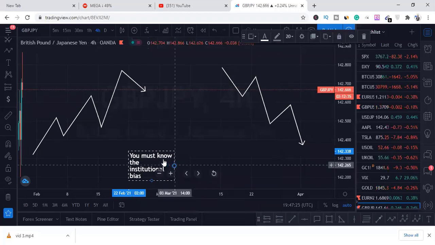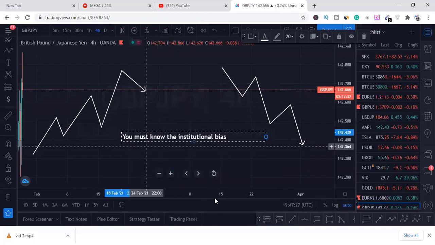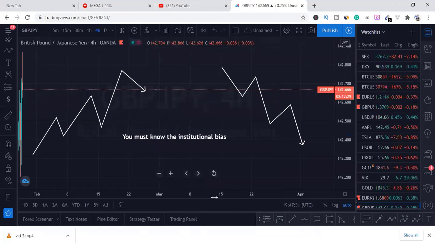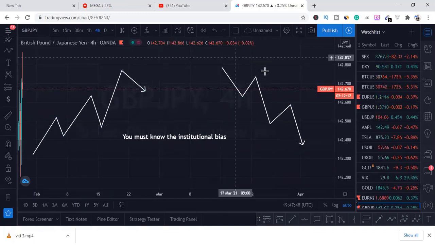You need to understand the institutional bias if you must be on the safer side whenever you are trading. It's not as though the market cannot move against it. It can, but it is safer. All right, so we can rightly deduce that this market is currently an uptrend, while this one is a downtrend.